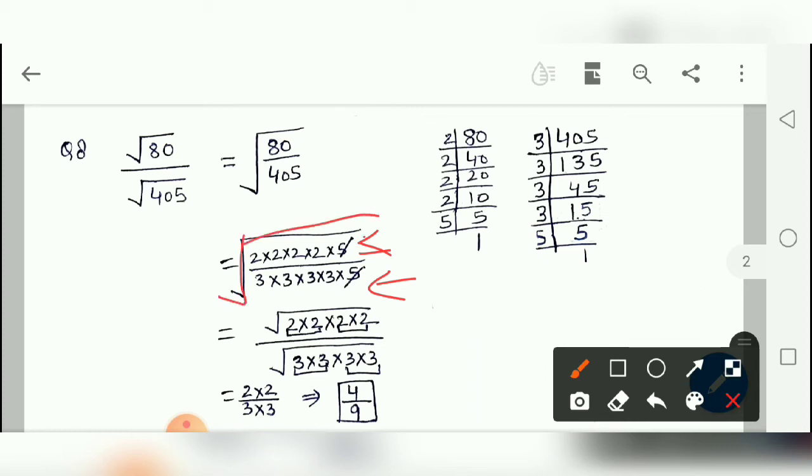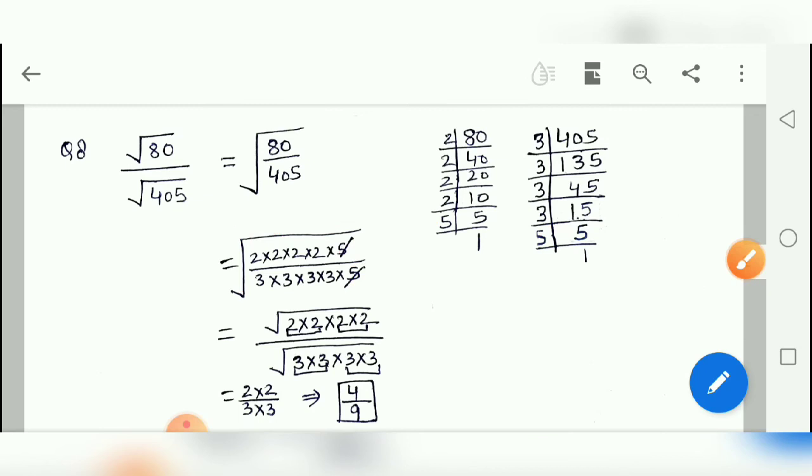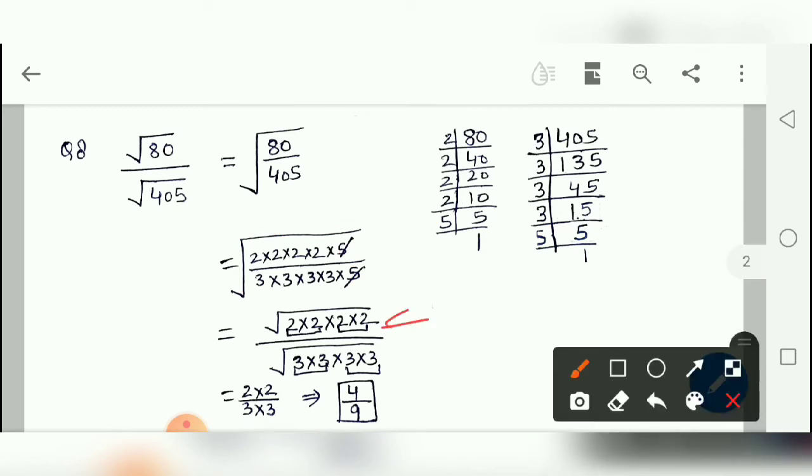Because it's a common under root sign, we can cancel out the 5, which is not a pair. 5 is not a pair here, and here also 5 is not a pair, but the factor is there, so we can cancel out this factor from numerator and denominator. After this, we are left with under root of 2 into 2 into 2 into 2, because 5 is cancelled out, and in the denominator 3 into 3 into 3 into 3.